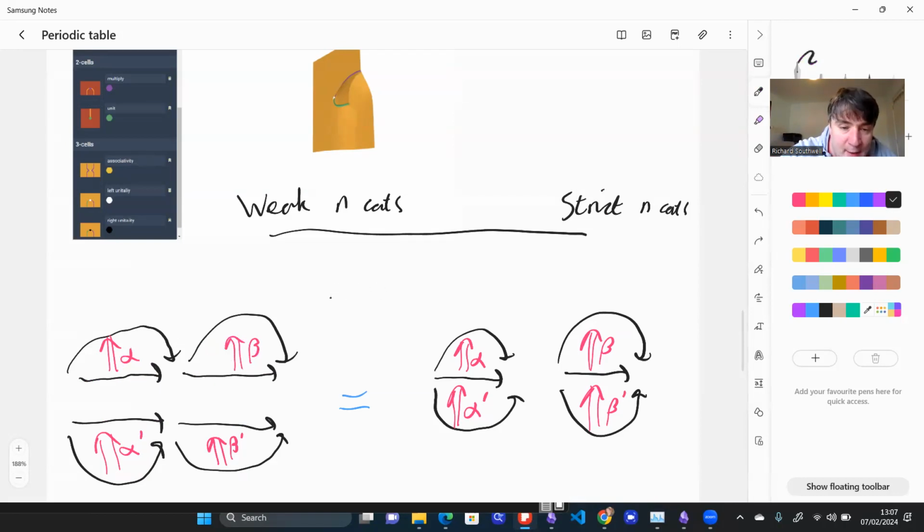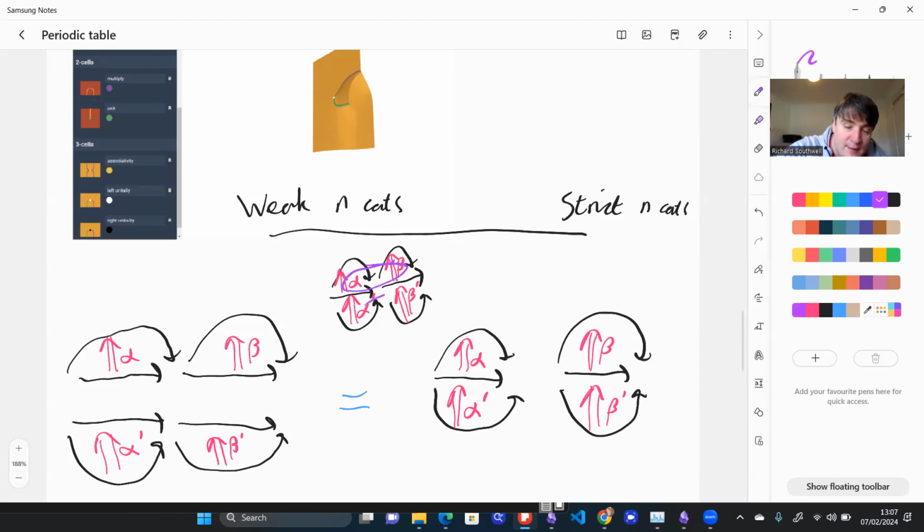So the idea that I'm trying to illustrate here is that when we have two cells like this, so we have alpha, but after alpha dash, horizontally composed with beta, after beta dash, with these general two cells, well, there's a couple of ways that we could think about composing them, right?